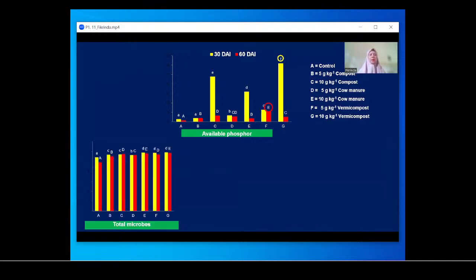For total microbes, we can see that 3 treatments were best at 30 days after incubation, i.e. 5 gram per kilogram co-manure and 5 and 10 gram per kilogram vermicompost, while at 60 days after incubation, the best treatments were 10 gram per kilogram co-manure and 10 gram per kilogram vermicompost.